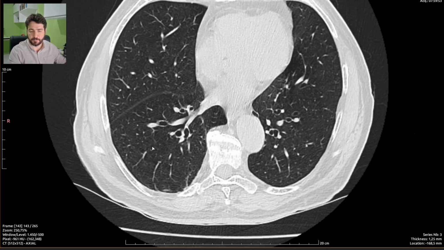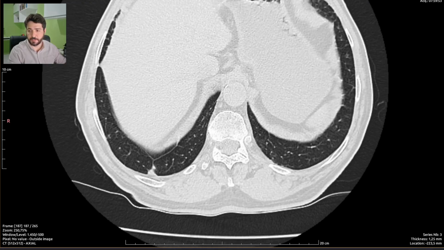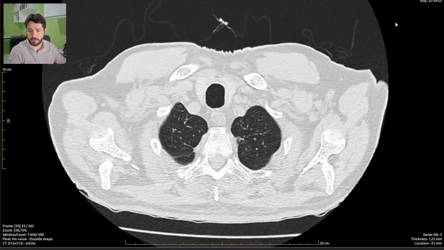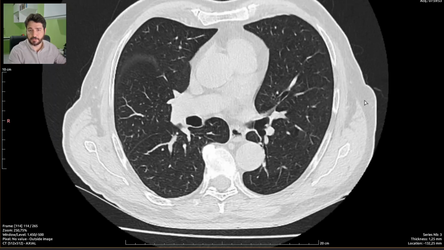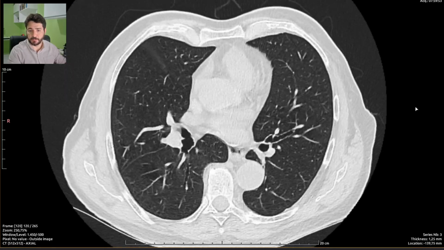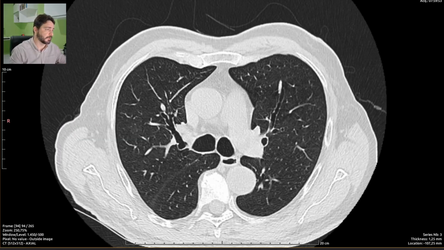I can't really report it as actual emphysema because this is very questionable. So let's just say there are bands and a few calcifications throughout both lung parenchymas, and we can go on with it. So let's start the reporting.